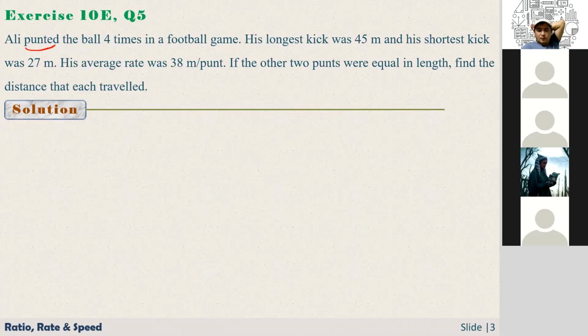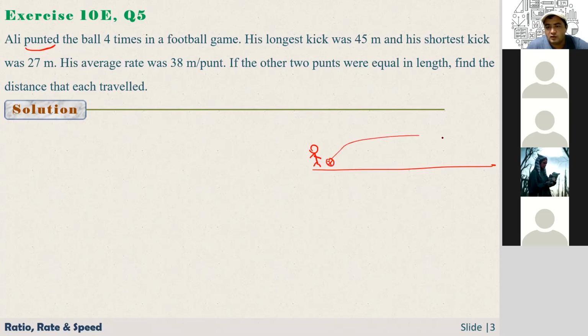So Ali punted the ball 4 times in a football game. His longest kick was 45 meters, and his shortest kick was 27 meters. Here we are talking about a football stadium. Let's say Ali is kicking the ball from here, and here we have the ball.